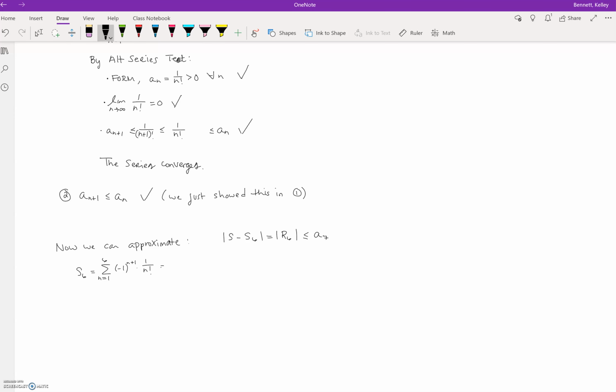And so this is going to equal 1 minus a half plus a sixth minus a 24th. I would just go through and write it out by hand, and then stick that into my calculator and let it produce the fraction for me. So 91 over 144.